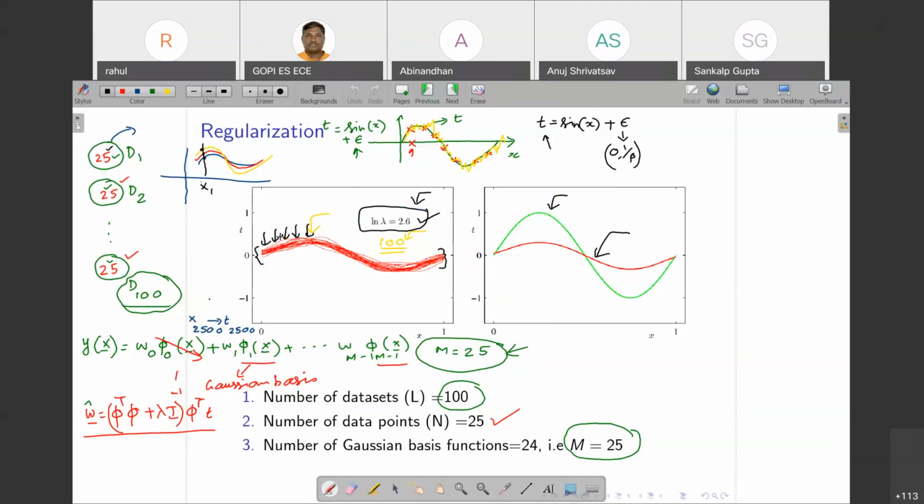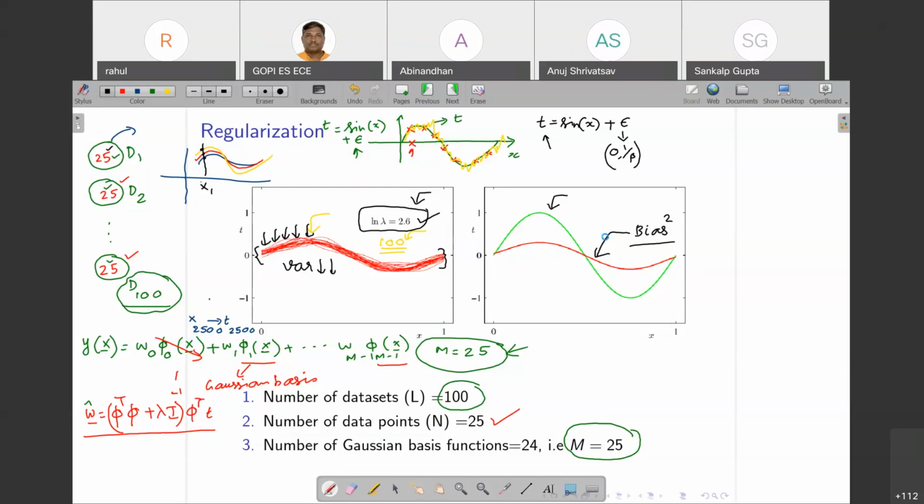Even though they are closer to each other, the variance is less in this, but the bias square, how far it is getting deviated from the original, is larger in this.